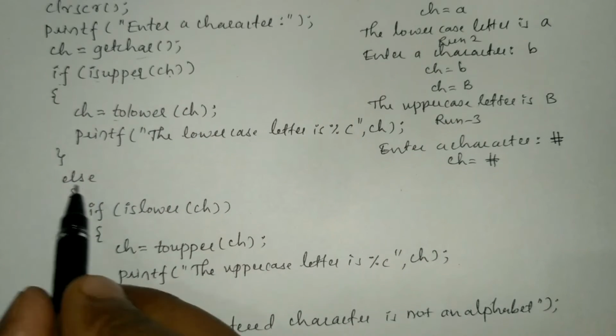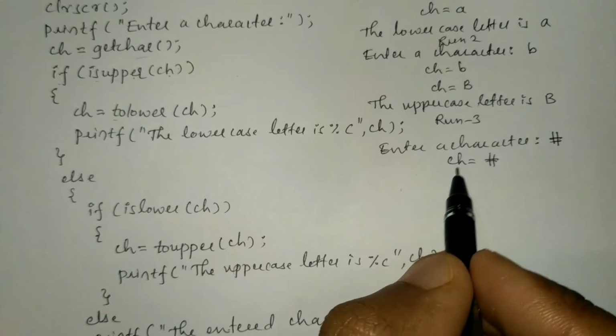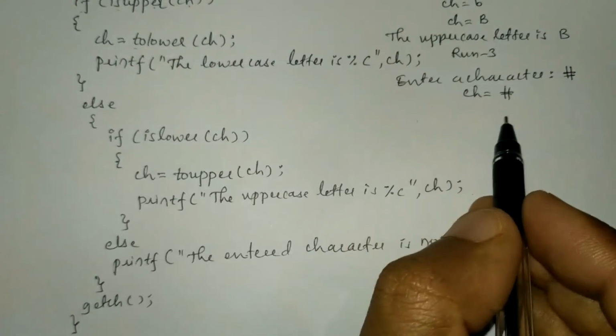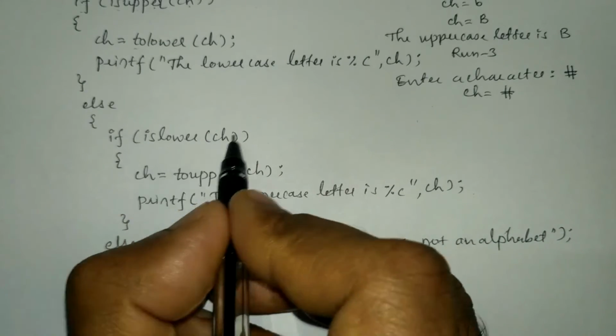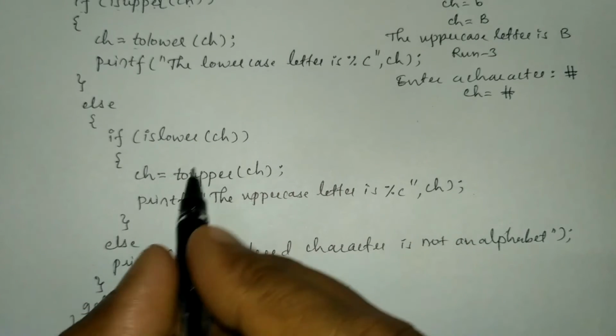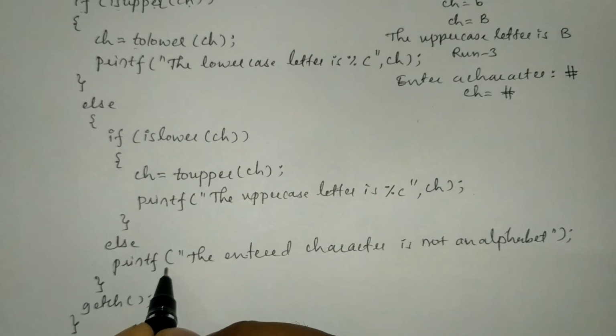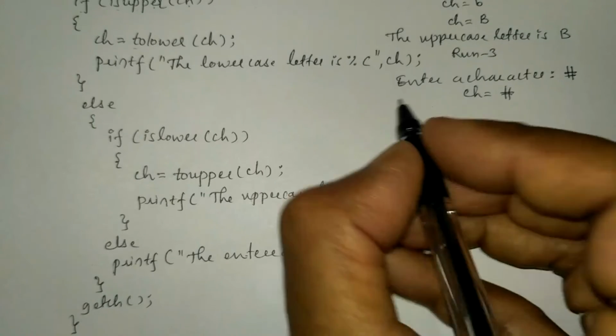Control jumps to the else part, and it is going to check islower(ch). No, because it is not an alphabet, hence it is not going to be true. So both of these two statements will not get executed, and at least the else part will get executed. What is it going to print? It is going to print "The entered character is not an alphabet".